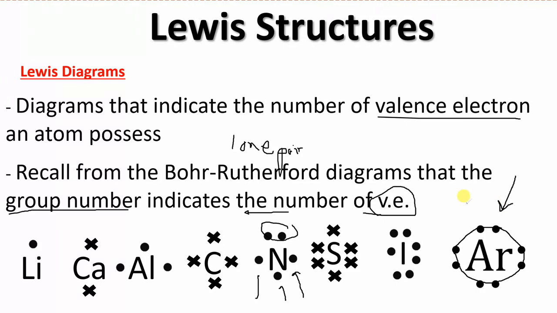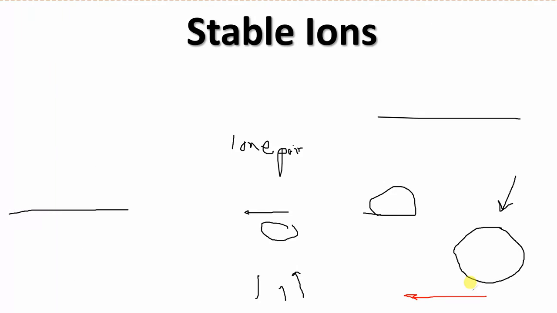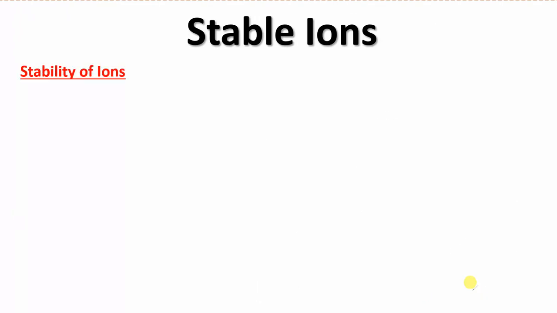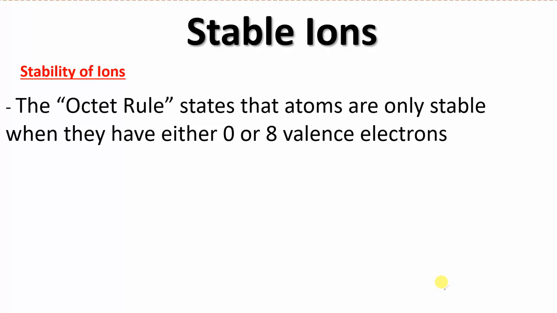So we're going to have to do some work with the other atoms that we've looked at. What's going to guide us is something called the octet rule. When we're looking at stability of ions, the octet rule states that atoms are only stable when they have 0 valence electrons or 8 valence electrons.